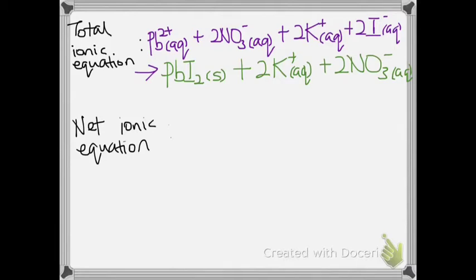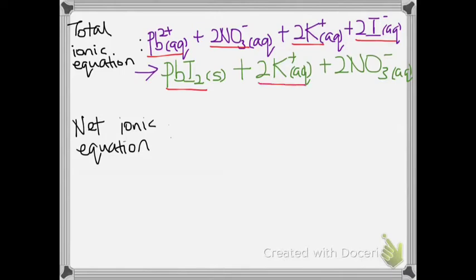For example, in this case, let's look at the reactants in purple. We've got Pb2+, NO3-, K+, and I-. Now let's look at the products in green. Does PbI2 appear in the purple region? It doesn't.